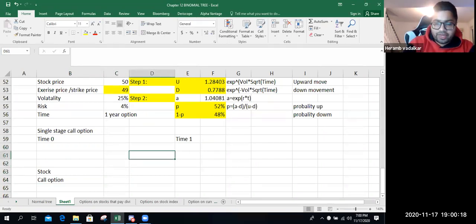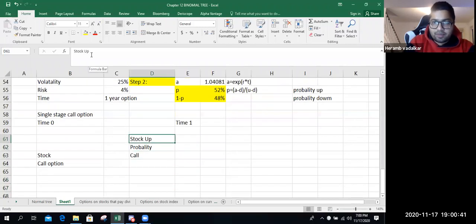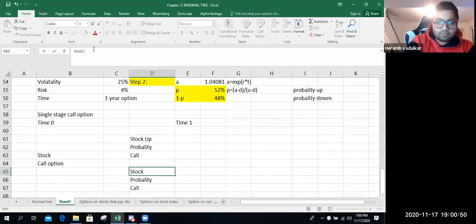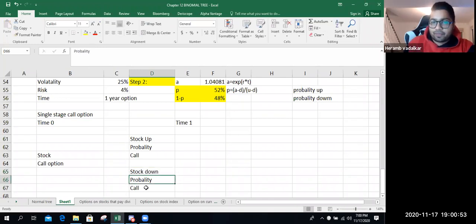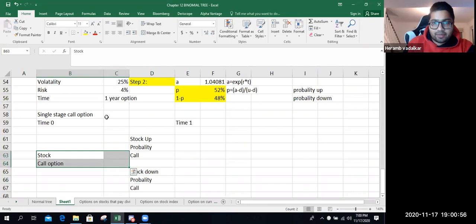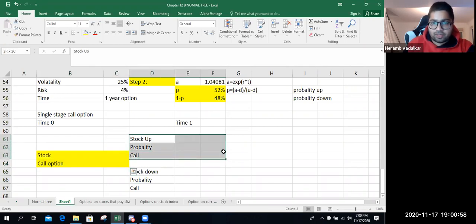At time 1, we need stock, then probability and call option price. So if stock goes up, first possibility. Second possibility is stock can go down too. So stock down, probability and call option price. So I'll make it a bit fancy so that it looks like a tree.